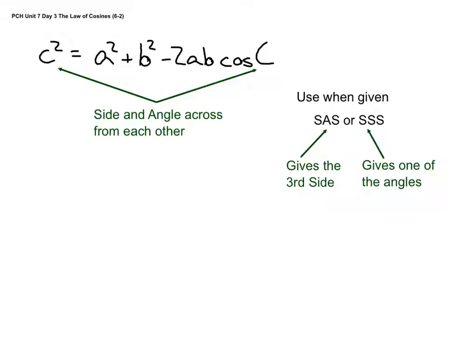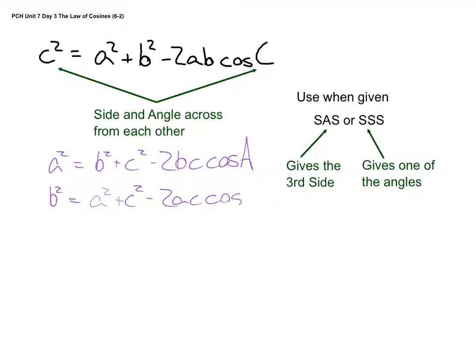Okay? Now, if you look at your book or other books or websites or whatever, you'll also see two other variations of this formula. You'll see a squared equals b squared plus c squared minus 2bc cosine of angle A. And you'll see b squared equals a squared plus c squared minus 2ac cosine of angle B. Alright?